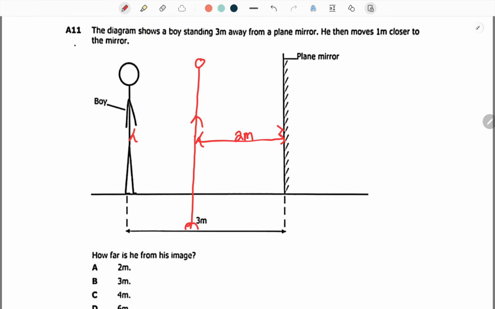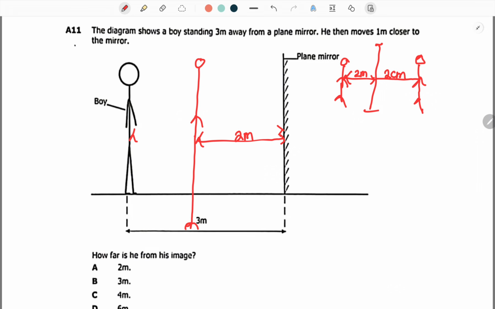I want you to think about something. If this is a plane mirror and you are standing here, and your distance from there to there is 2 meters, the image you are going to see is going to be 2 meters on the other side.